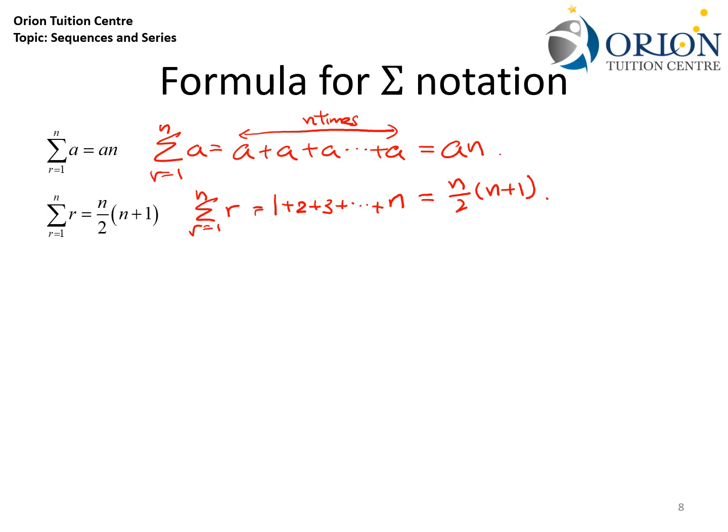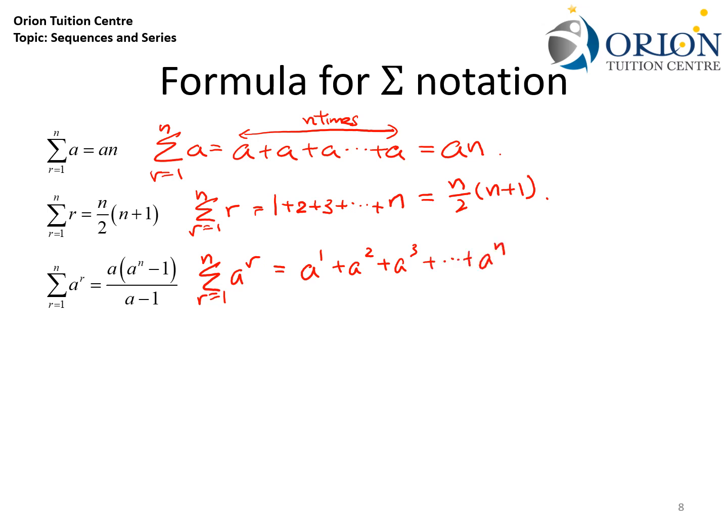Next, we have the sum of a geometric series where each term is a constant multiple of the previous term. So we have the summation of a to the power of r, which is the same as a to the power of 1 plus a to the power of 2, a to the power of 3, and so on until a to the power of n, which is a geometric series because from one term to the other, we always multiply by a constant a.